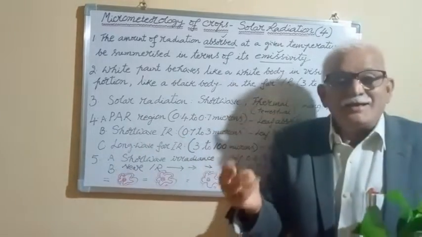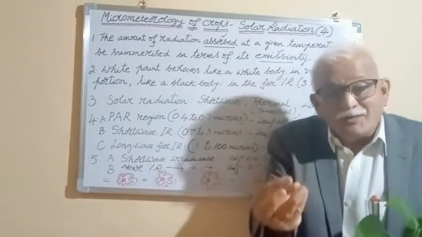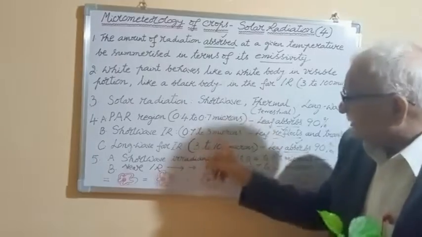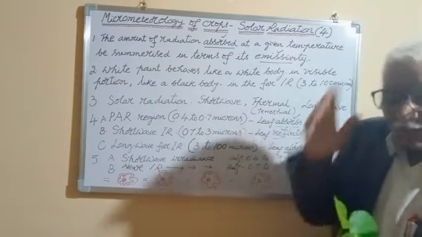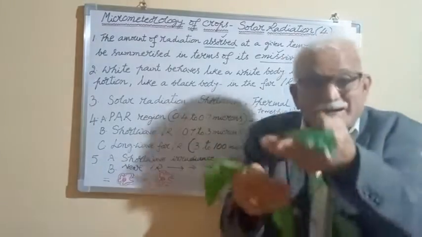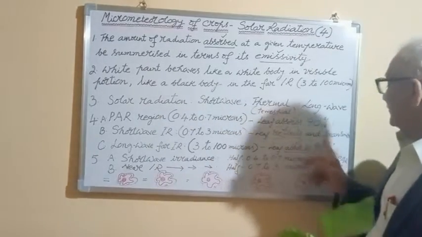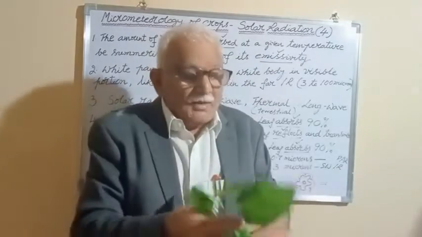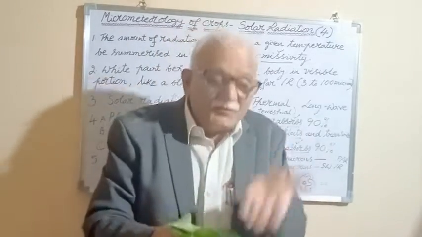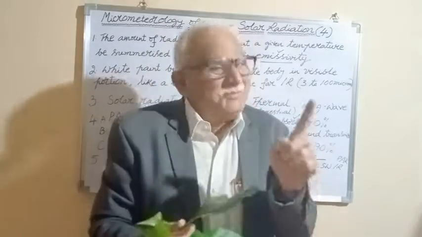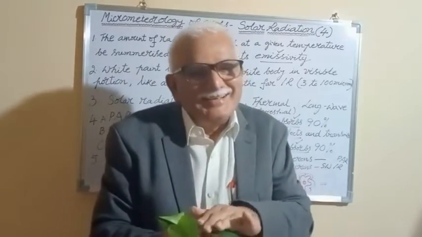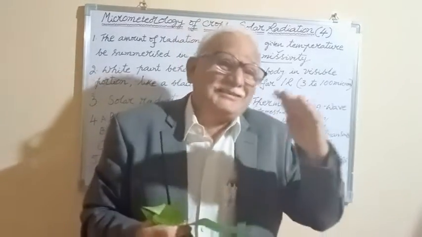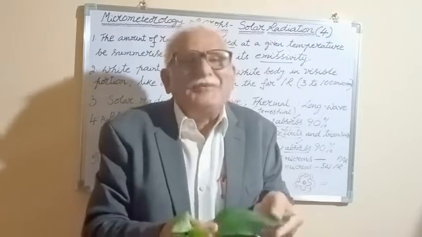Shortwave infrared, the near infrared part, that is 0.7 to 3 microns, the leaf reflects and transmits. Please write: 0.7 to 3 microns, the leaf reflects and the leaf transmits, because it is thermal radiation. It has thermal effects, so the leaf cannot bear it.